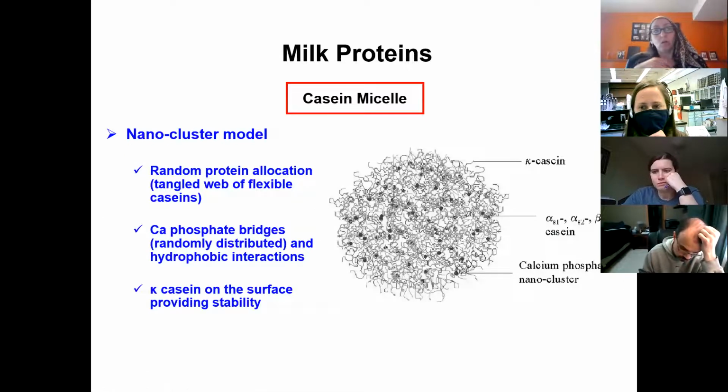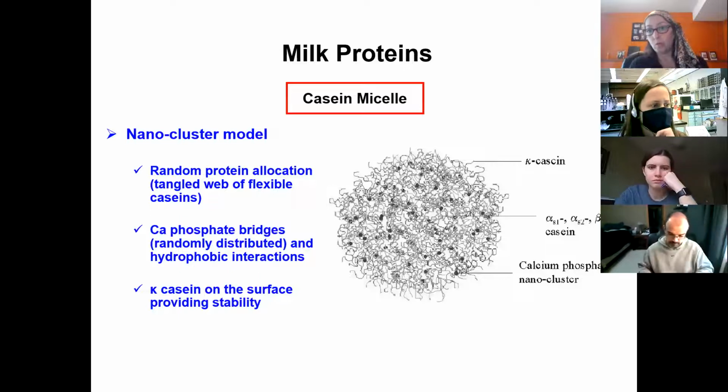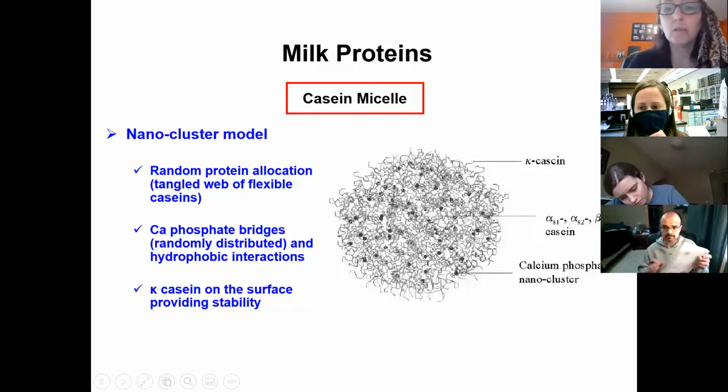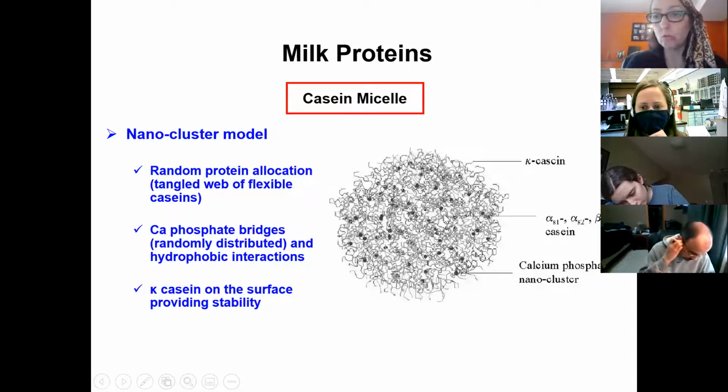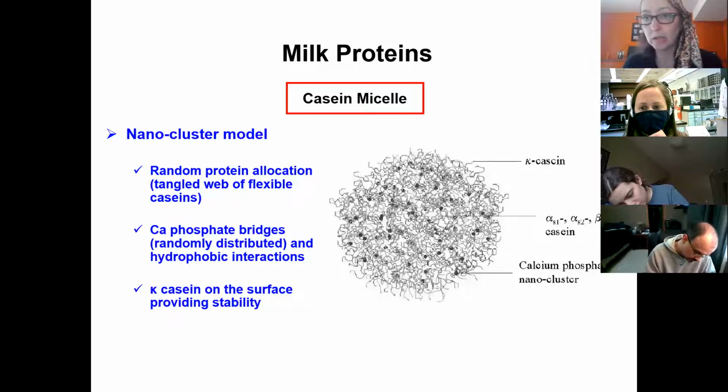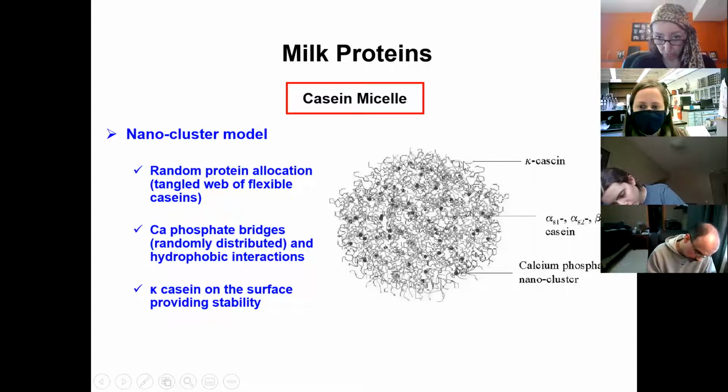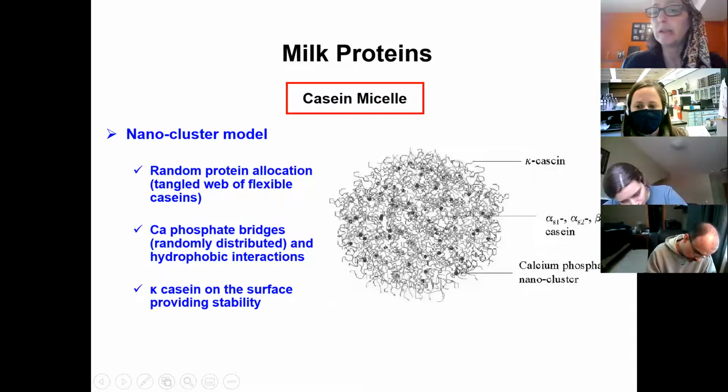So the nanocluster model is the one that is most believed today, and here there's no submicelle, no surface and core. What they say is that the caseins are intertwined with each other, and there is kappa casein in the inside intertwined, but most of it is on the outside, with the glycomacropeptide giving the hydrophilicity on the outside of the casein.